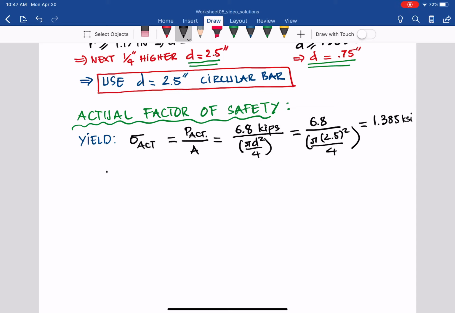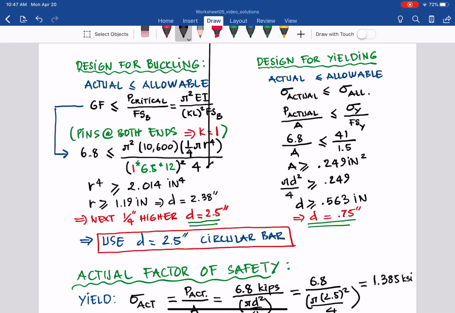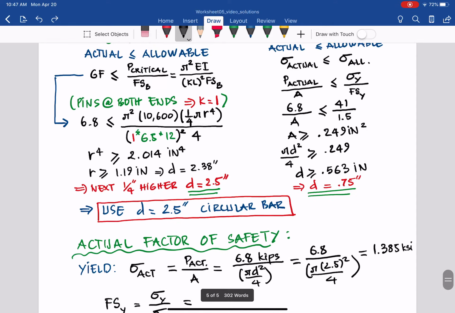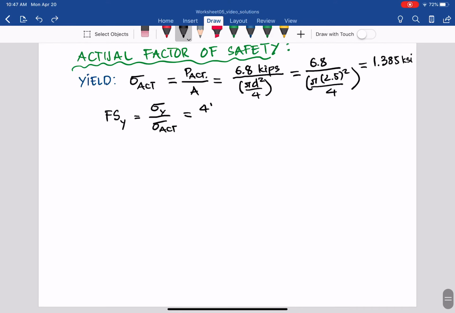So the actual factor of safety due to yielding is equal to the failing level, sigma yield, divided by sigma actual, and that is equal to 41 divided by 1.385, so we get 29.6 for yield, right?